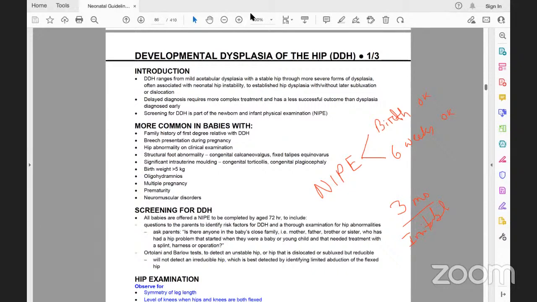Why did these things happen? Because nobody knows, this is an unknown cause, why the hip suddenly has a problem in development. Maybe the baby's hip joint is not getting enough blood, or not getting enough nutrition, or maybe some compression, maybe some trauma.